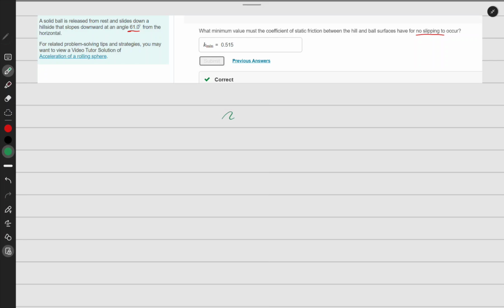We know that tangential acceleration is equal to alpha, which is angular acceleration, multiplied by r. We also know that torque is equal to moment of inertia multiplied by angular acceleration.